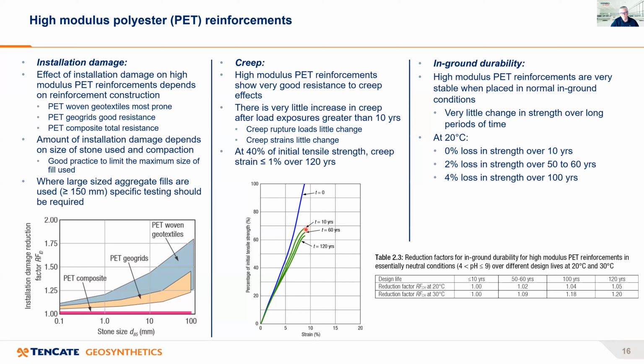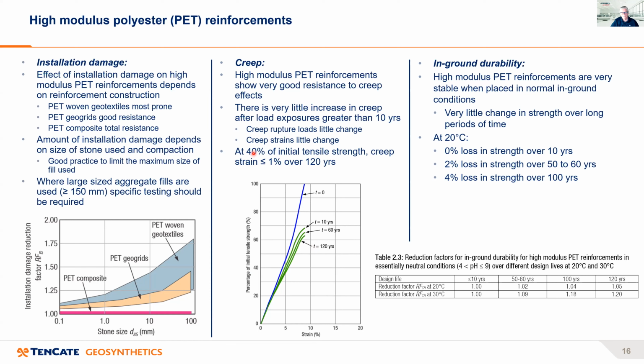After 10 years, very little change in the strength occurs, even up to 120 years. Now, if you look at it across this way in terms of strain, you'll see the same thing happening. Initially, there's some increase in strain from t equals 0 to 10 years, this here. But after 10 years, there's very little change in strain in this type of reinforcement, even up to 120 years.